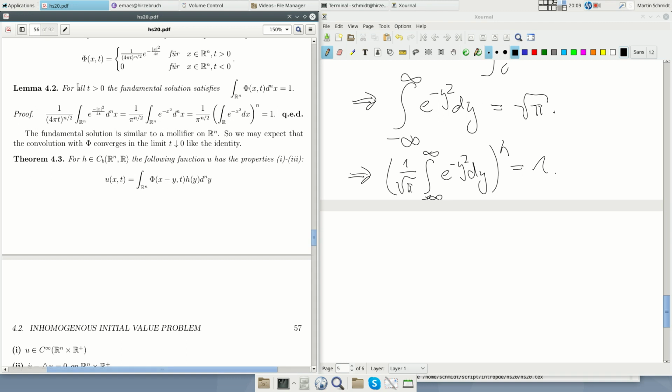So we have proven this, and this really shows that this behaves like a mollifier.